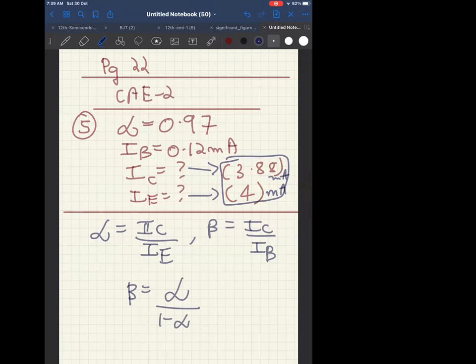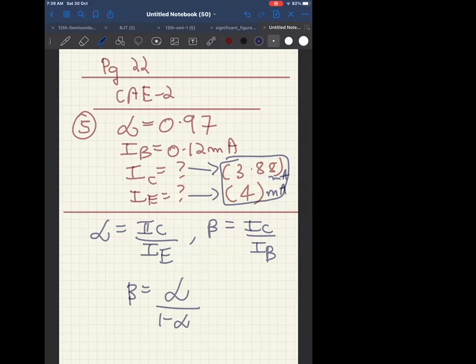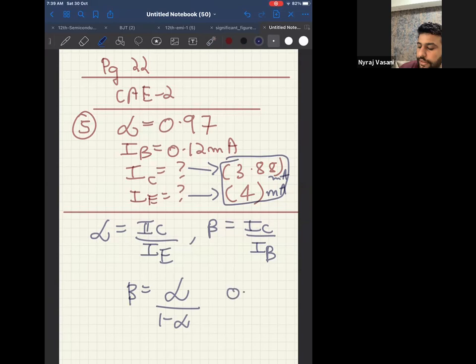Yes, sir. So tell me, what is beta equal to from this formula? 0.97 by 0.03, around 32. It is 0.97 divided by 1 minus 0.97. So tell me, what is the answer you get?